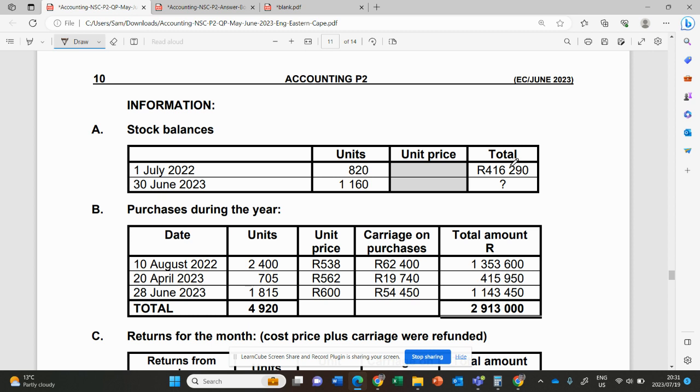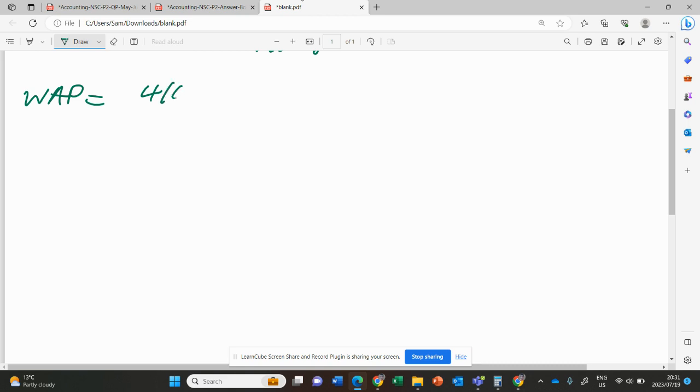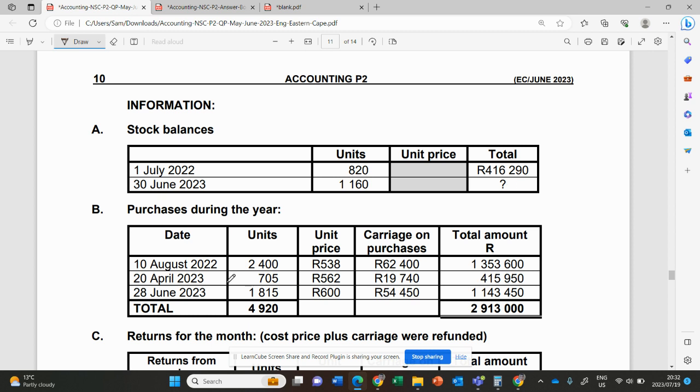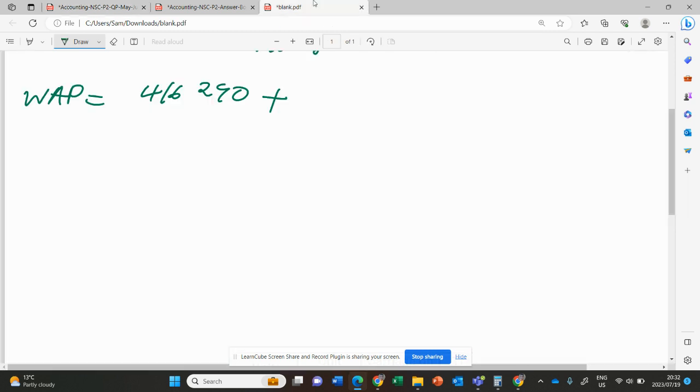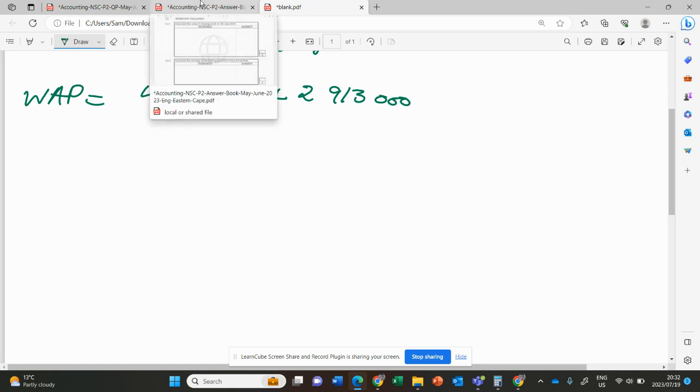The opening value is 416,290. Then the purchases value: in the table we have a total purchases value, which includes the carriage. So we add 2,913,000. It includes carriage, so there's no need to add carriage again.